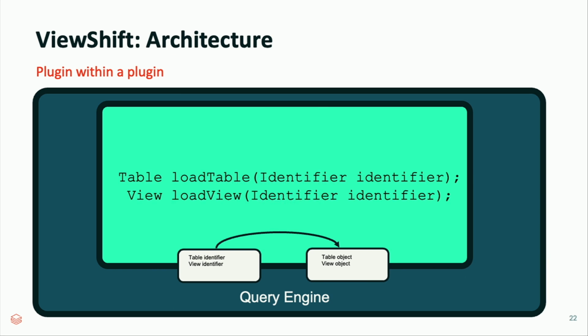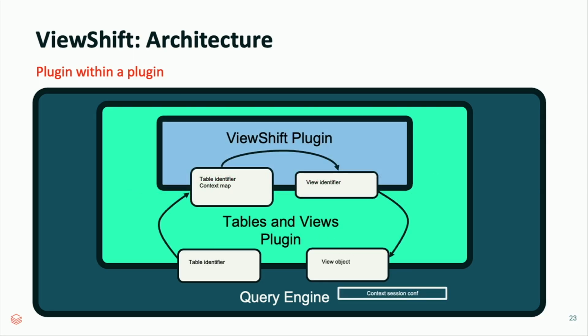But with ViewShift, what happens is that we can introduce the ViewShift plugin within the engine's table and view plugin, as a plugin within a plugin. And then when the call happens to resolve a table identifier from the engine to the table and views plugin, that plugin would call into the ViewShift plugin, which maintains the mapping between the tables and the respective views, along with the way to resolve them given the context information.